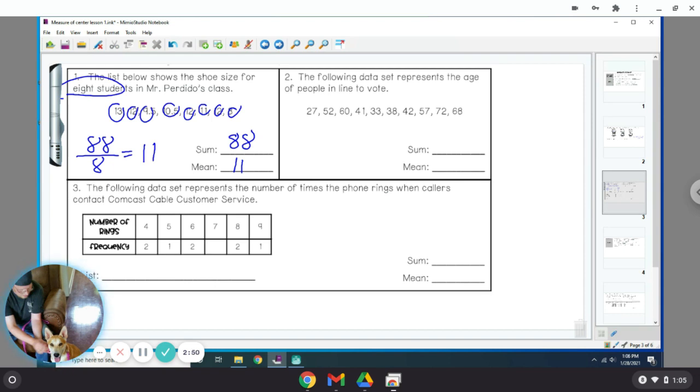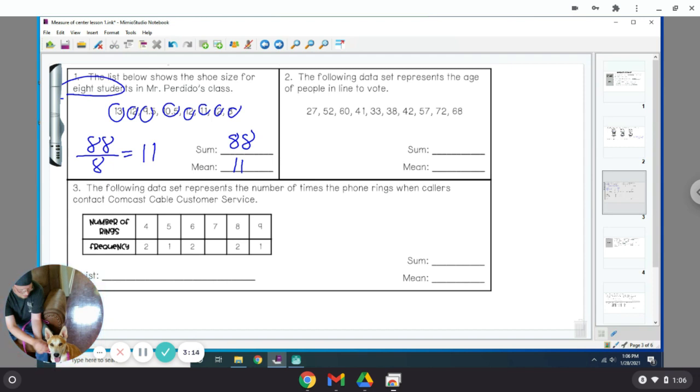All right, next one. The following data set represents the age of people in line to vote. First thing we need to do is find a sum, so we're going to add them together. We're going to use 27 plus 52 plus 60 plus 41 plus 33 plus 38 plus 42 plus 57 plus 72 plus 68.